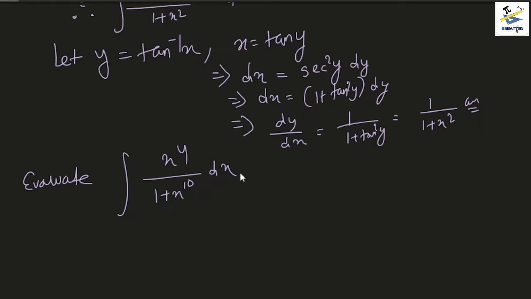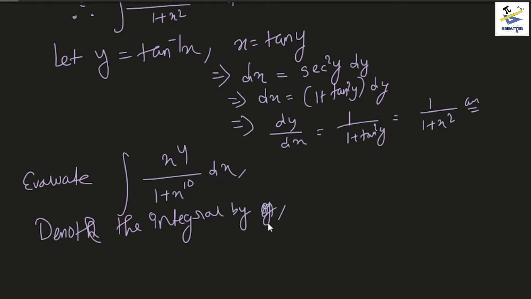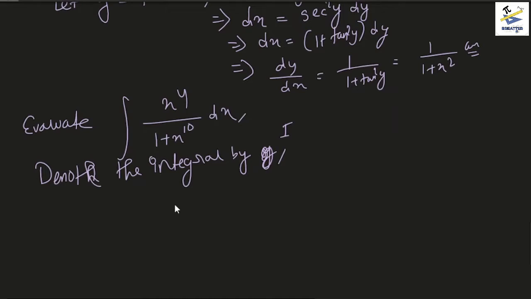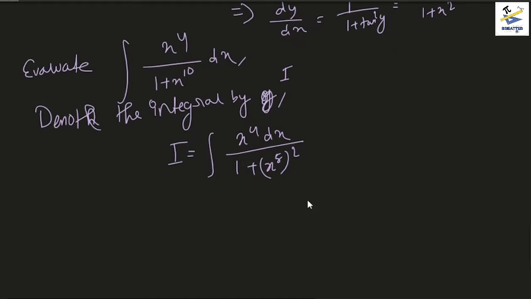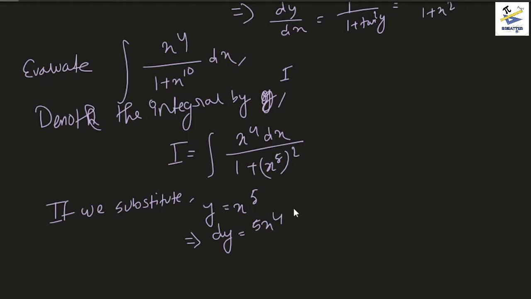But what we can do here is denote the integral by I. Then what we get is capital I equals the integral of x to the power 4 dx divided by, and we can write x to the power 10 as x to the power 5 whole squared, because in that case, if we substitute y equals x to the power 5, we get dy equals 5 x to the power 4 dx, right?